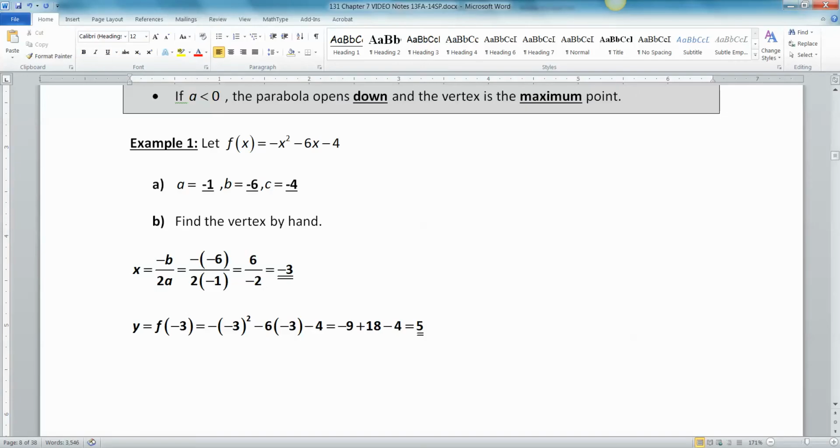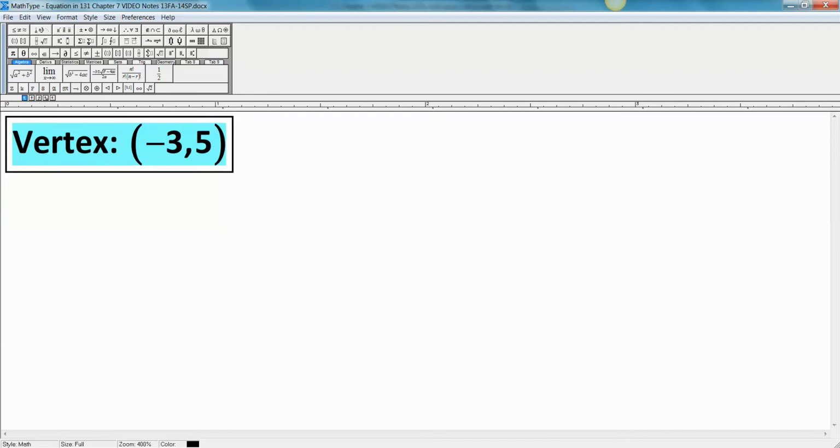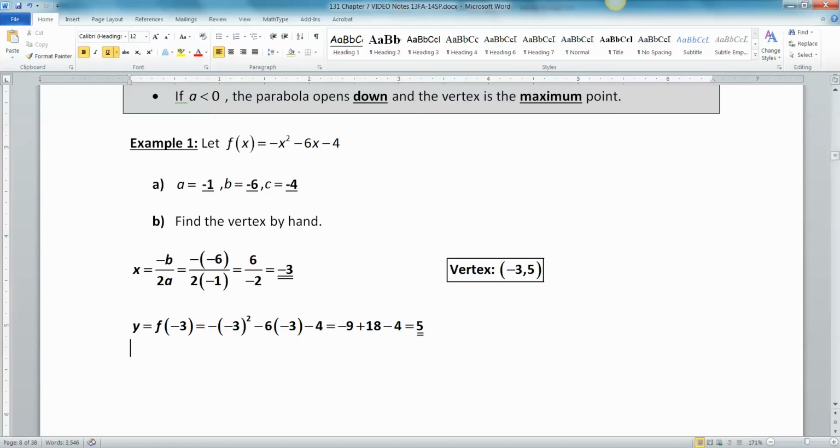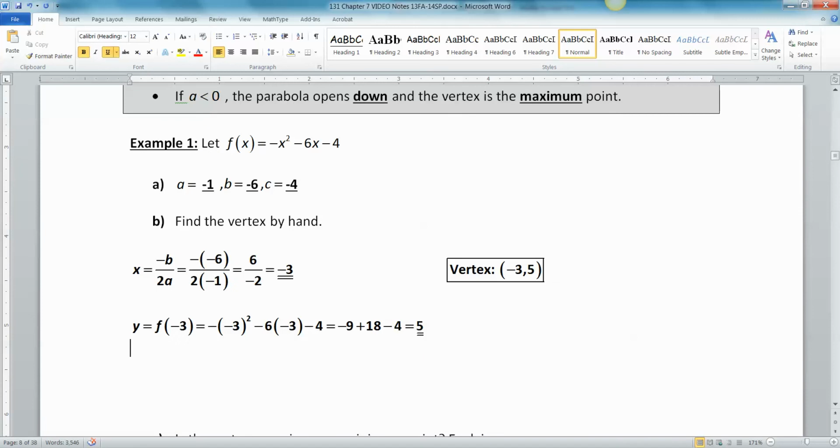Okay, so there's that. So our vertex, which is what we were really looking for, is negative 3 comma 5. And there's our result. We have found it by hand. Now, would that be a minimum or a maximum point?